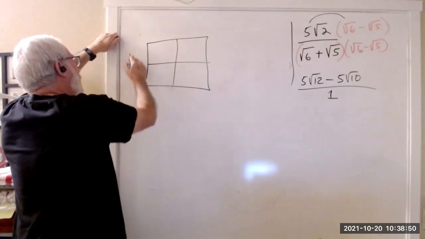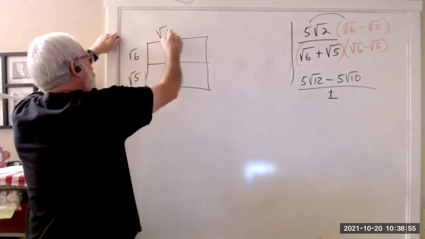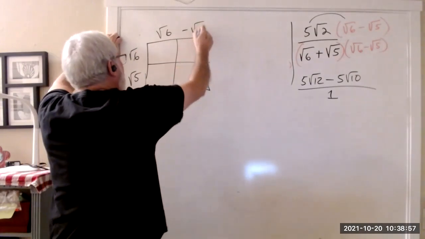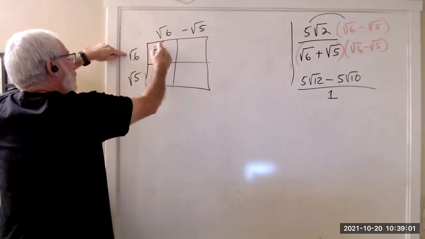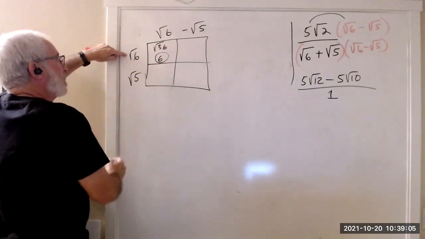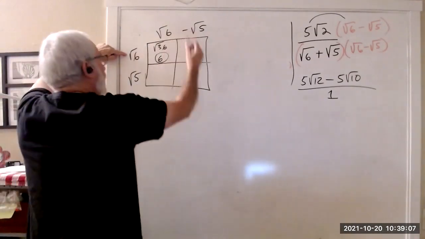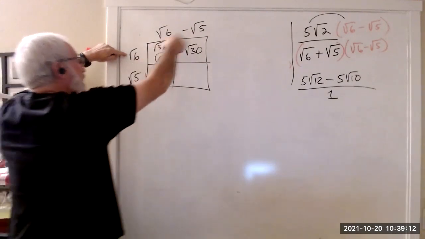So I have radical 6, radical 5, radical 6 minus radical 5. So radical 6 times radical 6 is radical 36, which simplifies to normal 6. Radical 6 times that is negative radical 30, because you're doing inside, inside, outside, outside.